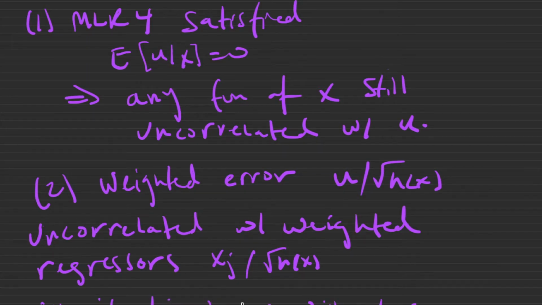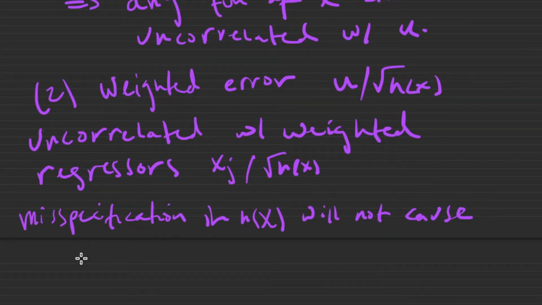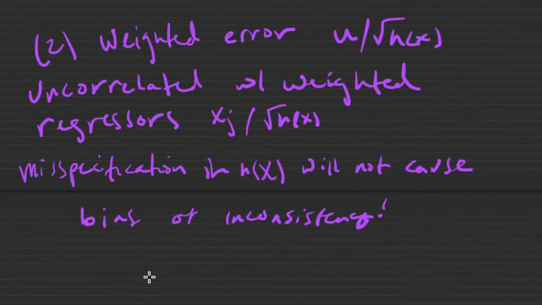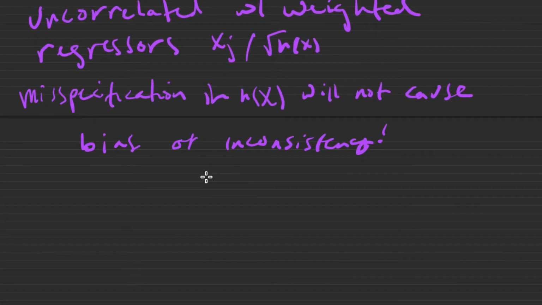That's important. So we still have unbiased and consistent estimates using weighted least squares, even if we get that variance function wrong.